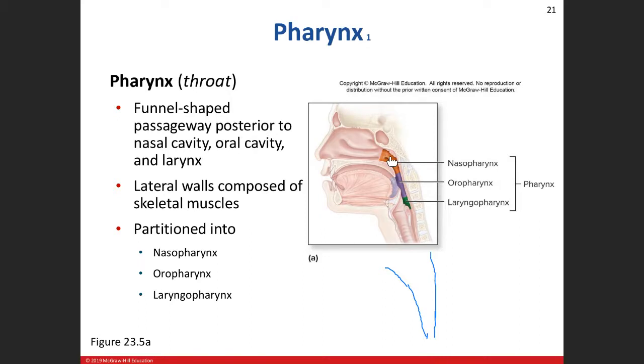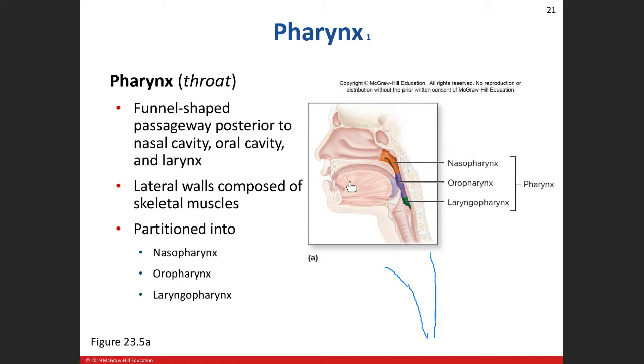So that's where we're going to see that ciliated columnar epithelium. As we get down to the oral pharynx, which is posterior to the oral cavity, and the laryngeal pharynx, which is in close approximation to your voice box, or larynx, we're going to see a different type of epithelium.